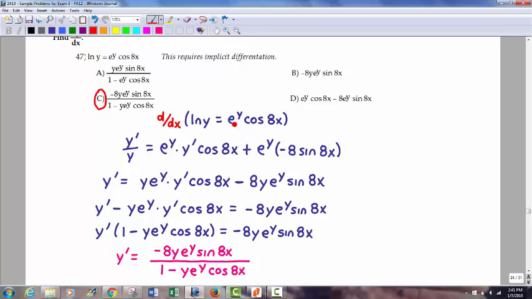And then over here, here's your f, which is just e to the y, times the derivative of cos of 8x. You have to take the derivative of 8x, which is 8, chain rule. And the derivative of cosine is negative sine, so the derivative of cos of 8x would be negative 8 sine of 8x. And notice I have parentheses here to make it not look like it's subtraction.